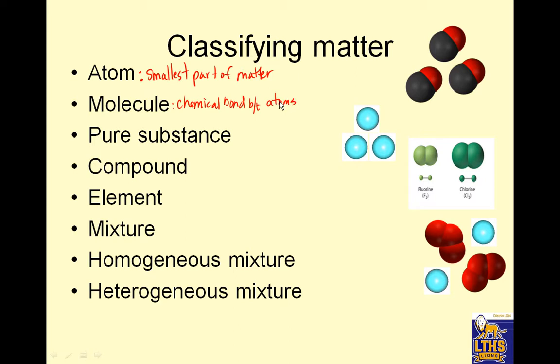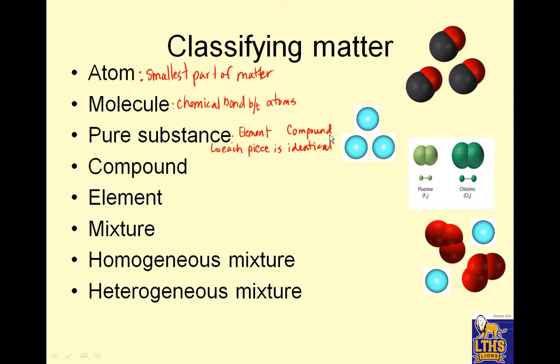Now there's different kinds of molecules. All right, so pure substances, there's going to be 2 kinds of pure substances. You're either going to have an element or you're going to have a compound. What makes a pure substance pure is that every piece of a pure substance is exactly the same. Pure substance, each piece is identical.